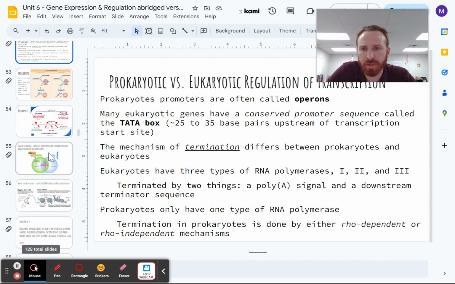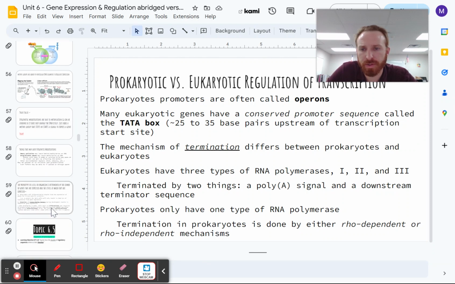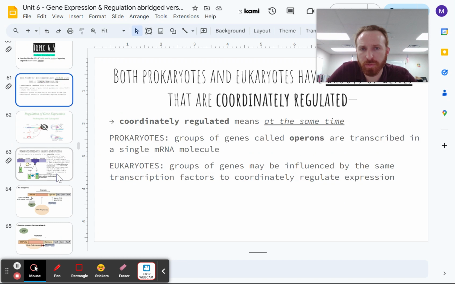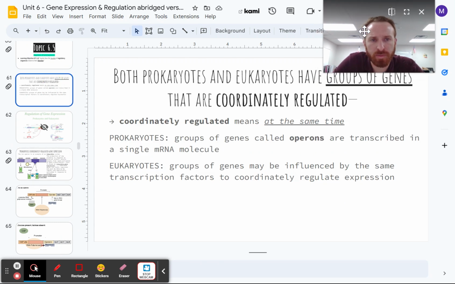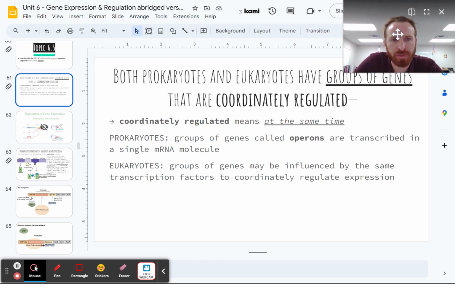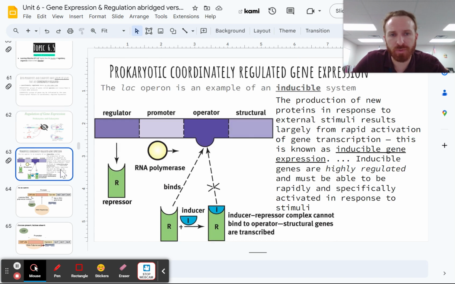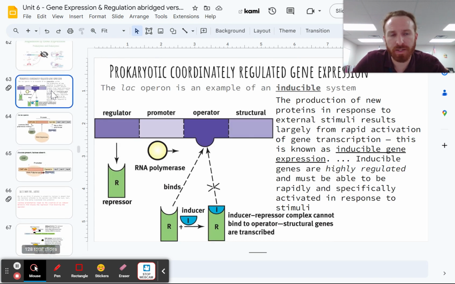Another important piece of information: sometimes prokaryotes and eukaryotes have genes that are being coordinately regulated at the same time. That's important. As one is being regulated, it's causing another one to also be regulated.